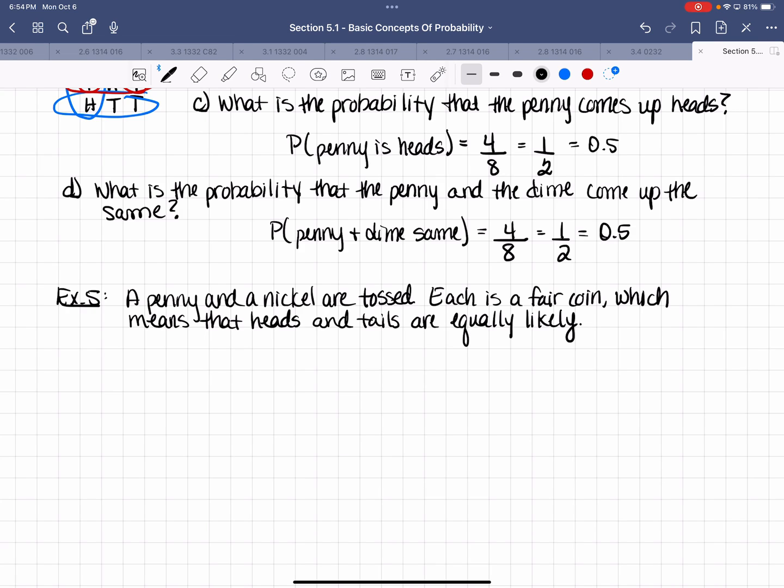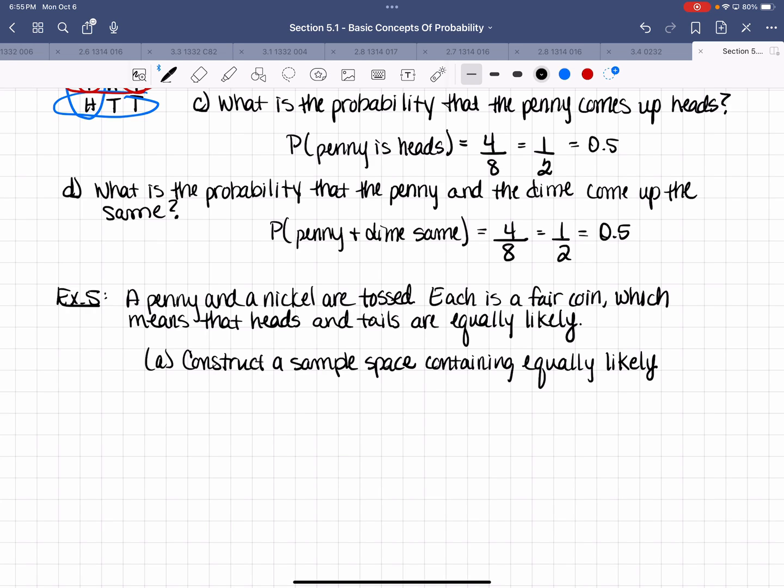Okay, it wants me to A, construct a sample space containing equally likely outcomes.